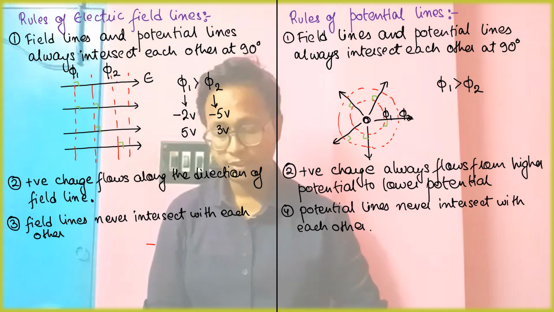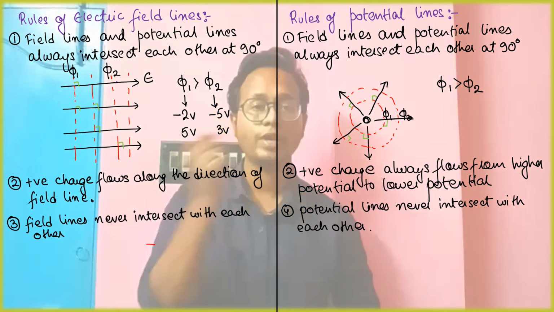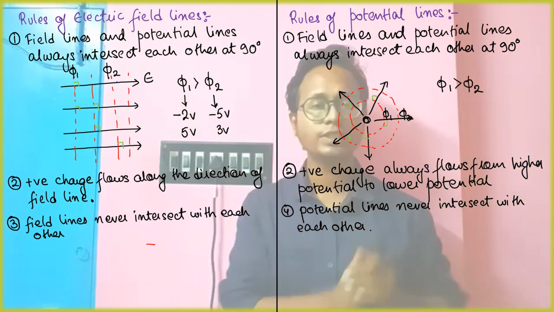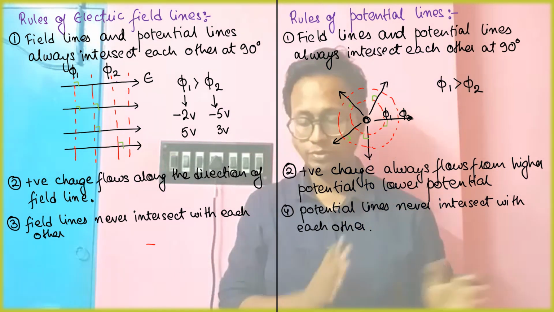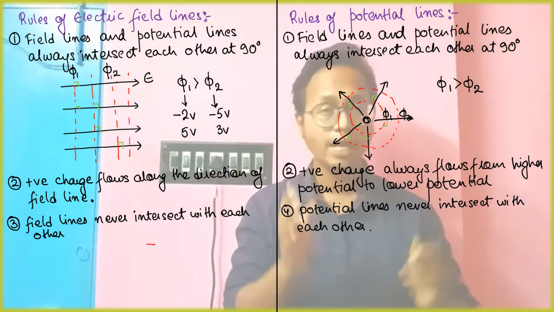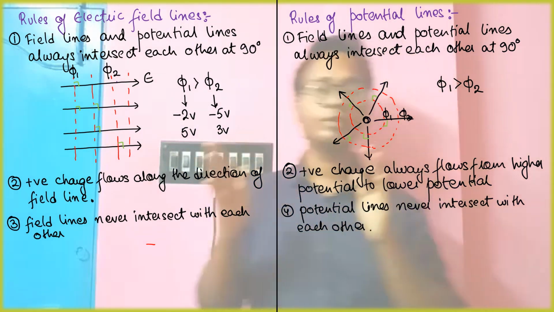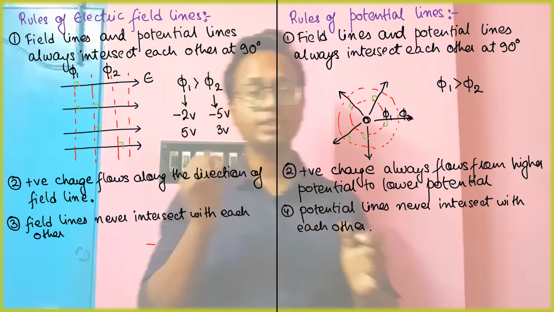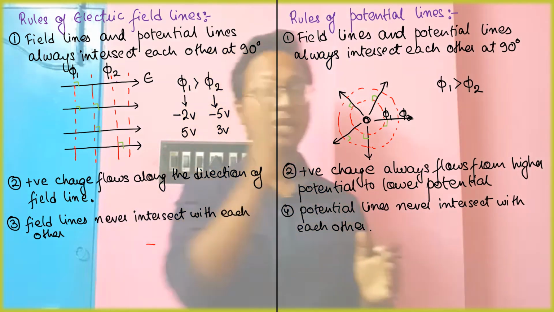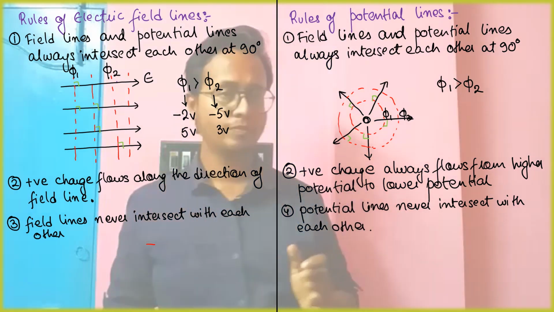The positive charge would move from 3 volt to 5 volt. In positive numbers, which one is greater? The one with greater magnitude is greater. Understood? So remember this: when I'm talking about higher potential to lower potential, I'm also considering the sign of the potential. That means minus 5 is always less than minus 2, whereas plus 5 is greater than plus 2. Understood?